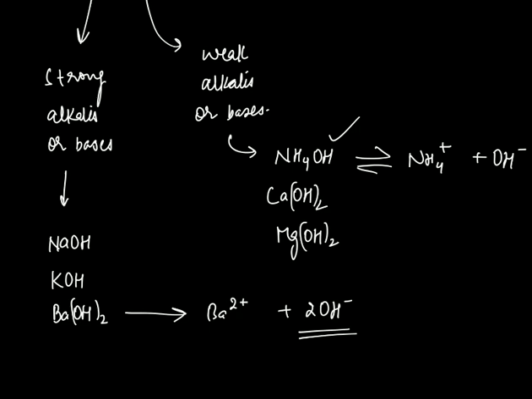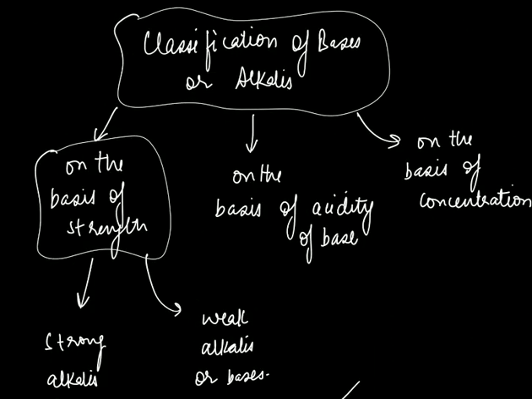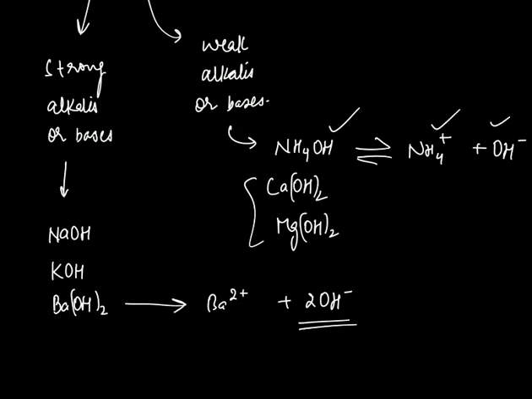So there is a dynamic equilibrium between undissolved alkali and the ions which are produced by it. Dynamic equilibrium means as soon as ammonium and hydroxide ions are getting formed, they are getting converted back into ammonium hydroxide. So there is an equilibrium which is maintained over here.